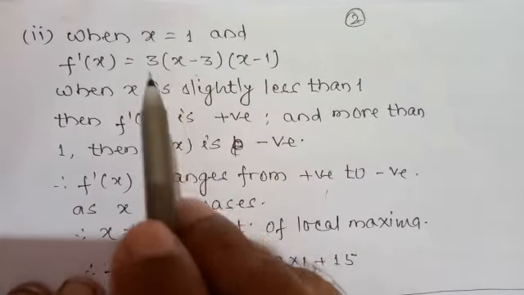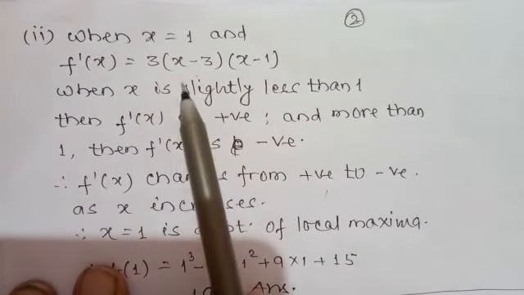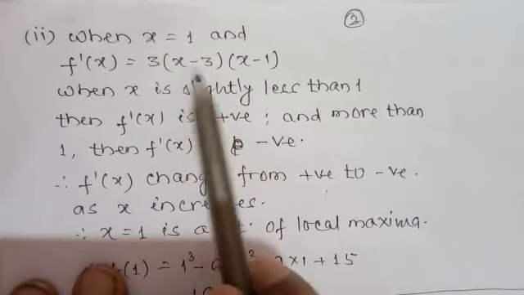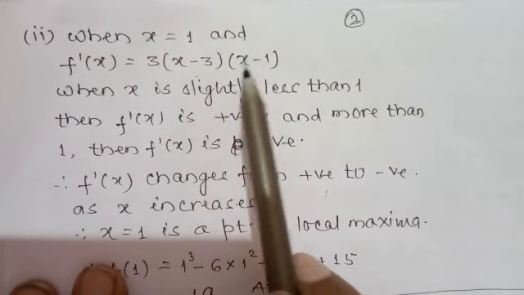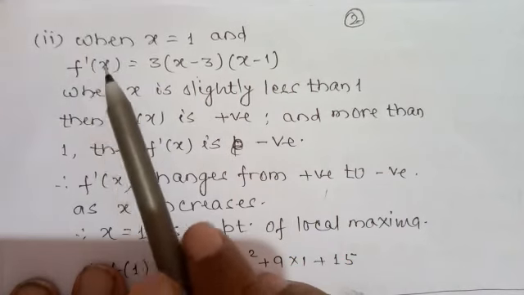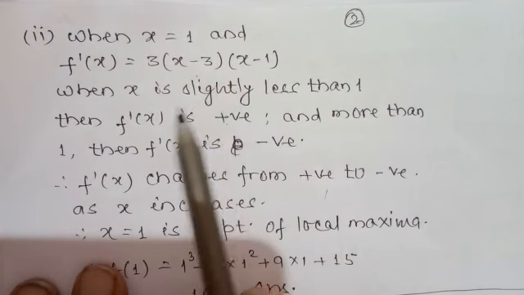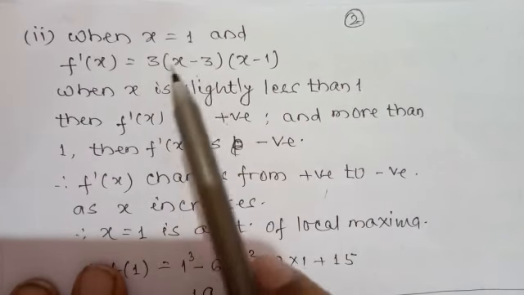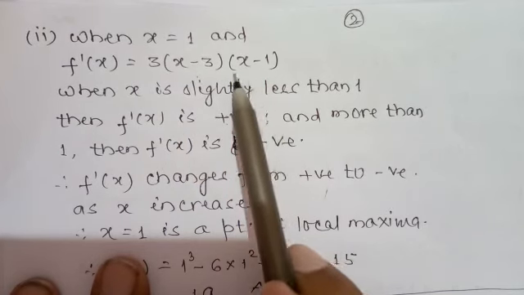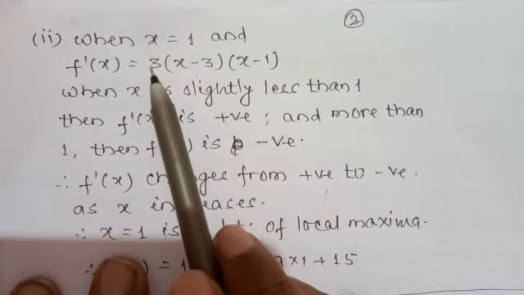When x is slightly less than 1, means smaller than 1, then x minus 3 is negative, x minus 1 is also negative, and so the overall f dash x is positive. And when x is slightly more than 1, this becomes positive and this becomes negative, so it is negative.